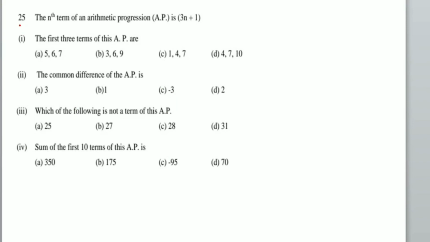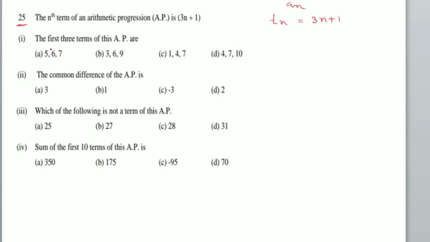Okay, the last one is problem number 25, and the problem is the nth term of an arithmetic progression is 3n plus 1. So nth term means Tn. Here it is given Tn is equal to 3n plus 1. You may write An.